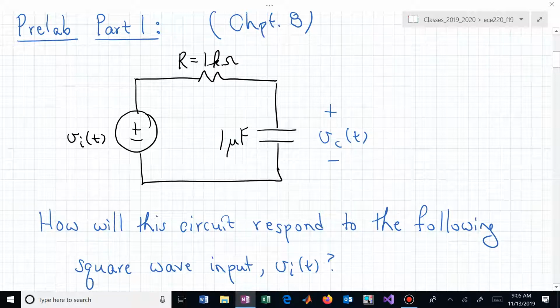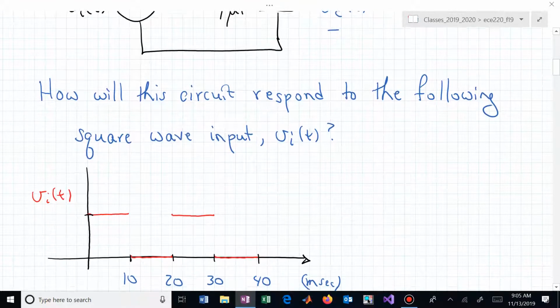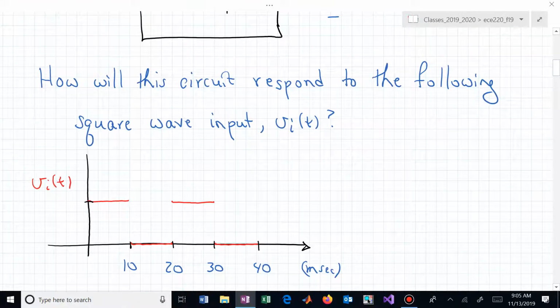They give you the parameter values. You have a 1K resistor, and you have a 1 microfarad capacitor. What is the voltage across that capacitor going to look like when you present that circuit with this particular input?